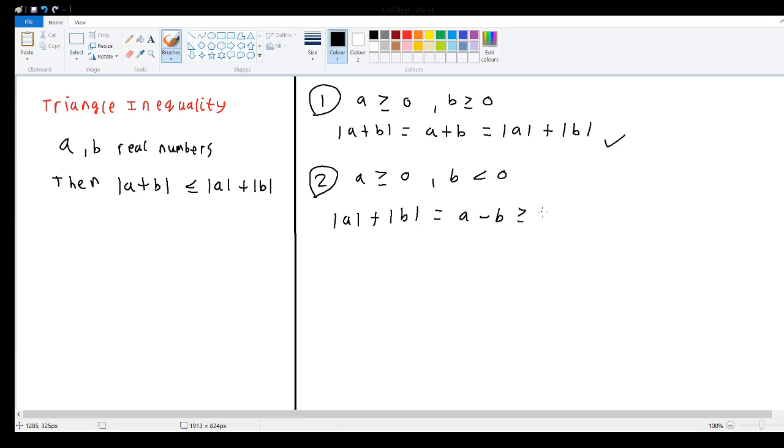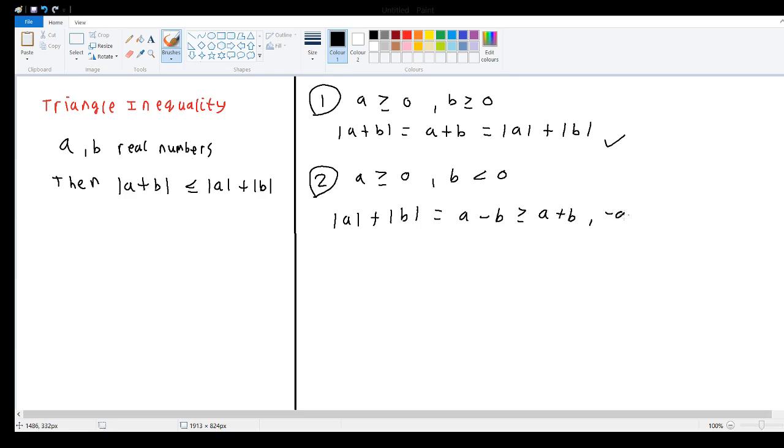Well, this is certainly greater than or equal to a plus b, because b is negative. So we're taking away a negative number, a minus b, so we're essentially going to be making it bigger. You know, if we were doing a minus 1, that would be a plus 1, so we've made it bigger than just doing a minus 1. So that's fairly easy to see.